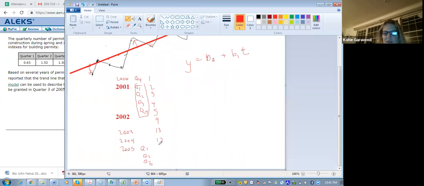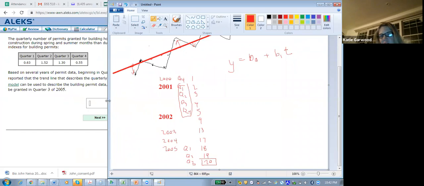And so this ended at 17. So then we're going to have 18, 19, and 20. And so the amount of time we've gone through in trend to get from quarter 4 in 2000 to quarter 3 in 2005 is 20 iterations of time periods. So the t in our equation is going to be 20.